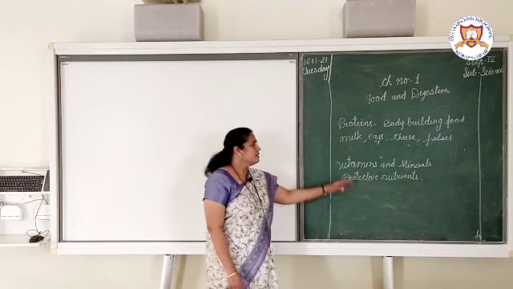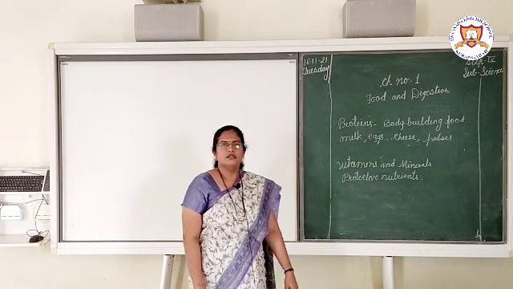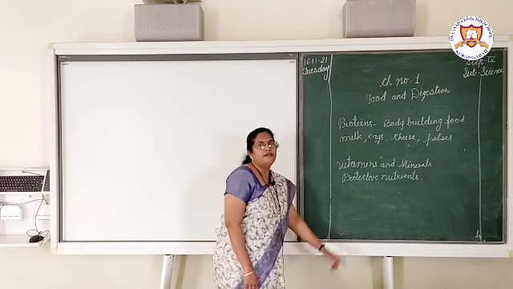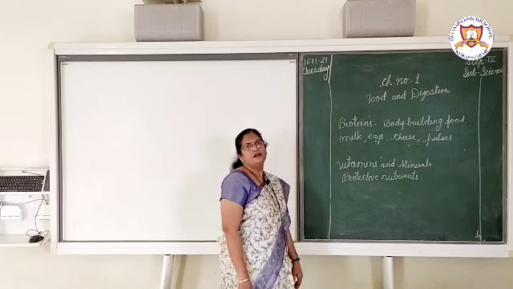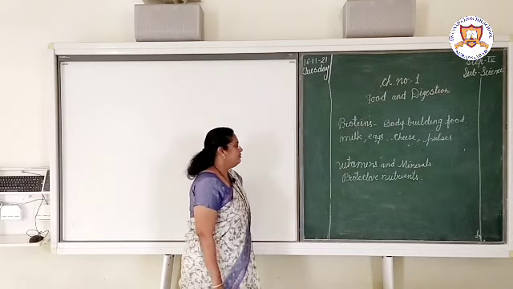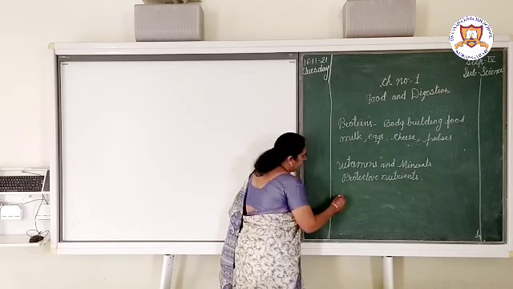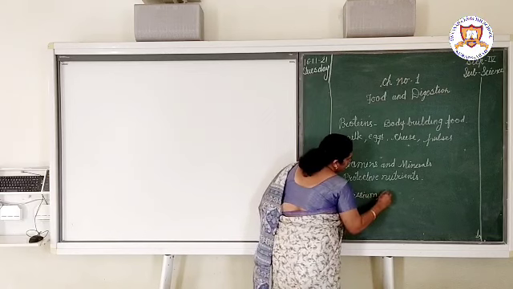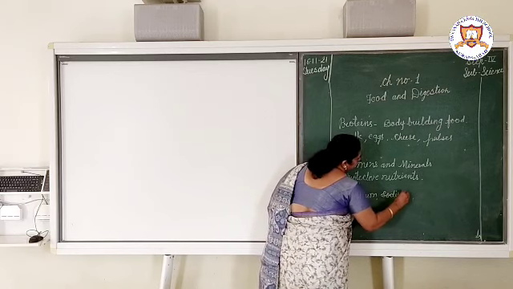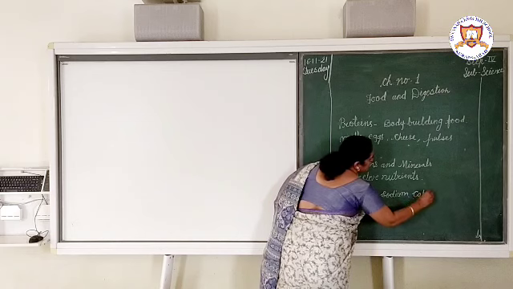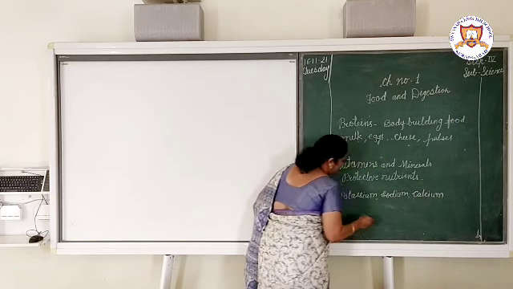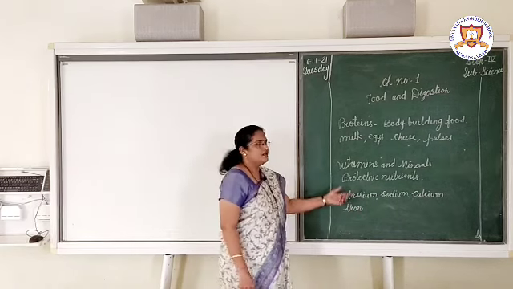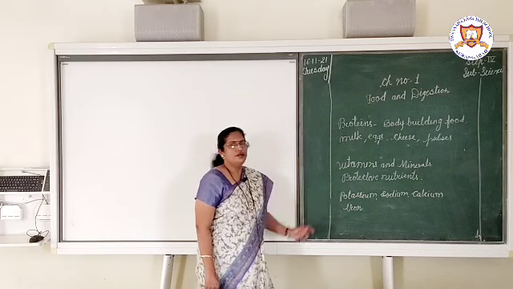Then minerals. Minerals are also important nutrients because they help in the formation of bones, teeth and blood. Potassium, sodium, calcium, iron, these are the different minerals and they protect our body.